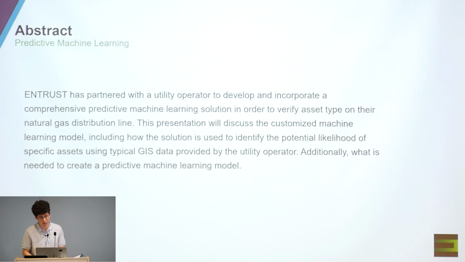This presentation will discuss the customized machine learning modeling solution, including how the solution will be used to identify the potential likelihood of an asset being of a certain risk type, as well as what is needed to create a predictive model and what type of data and GIS utilization we use for this case study.